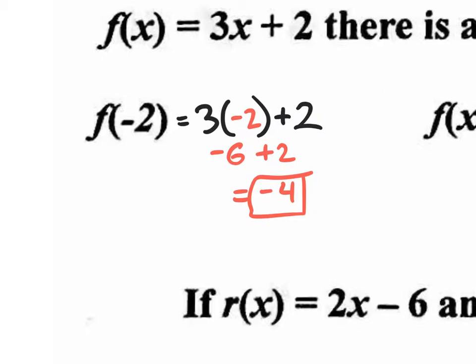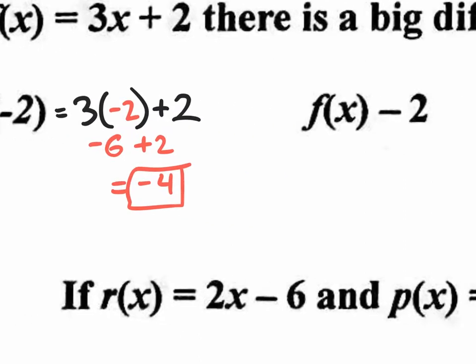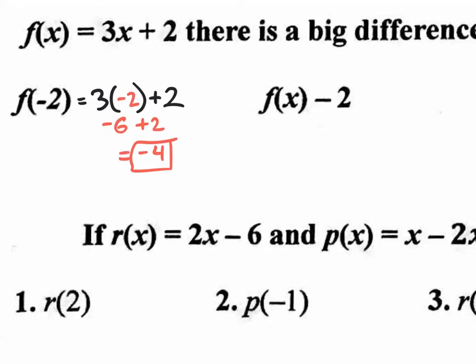Okay, now let's compare it with this guy over here. What does this say? It says f of x minus 2. Am I supposed to plug in anything for x? It's the same exact thing, right? Yeah. So you see how it says f of x is this?